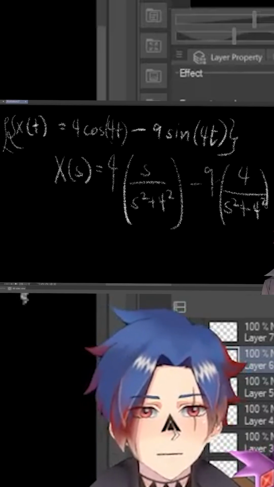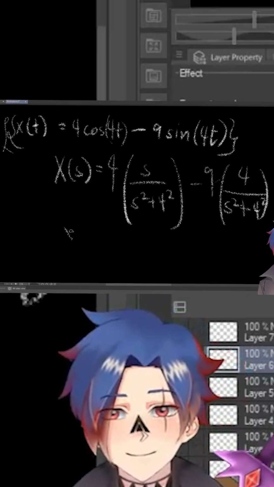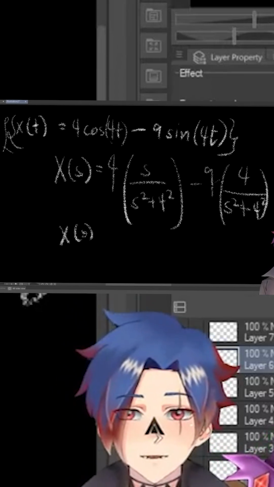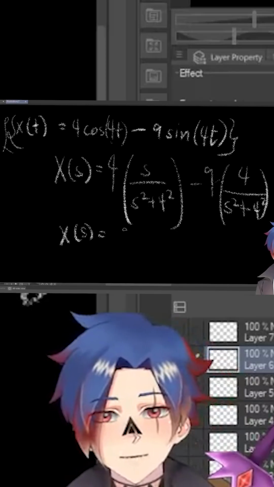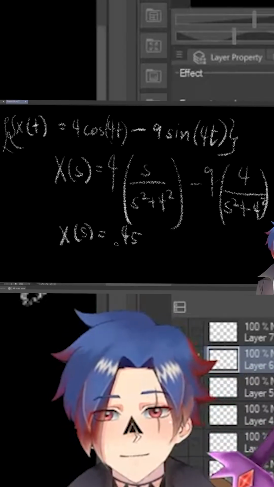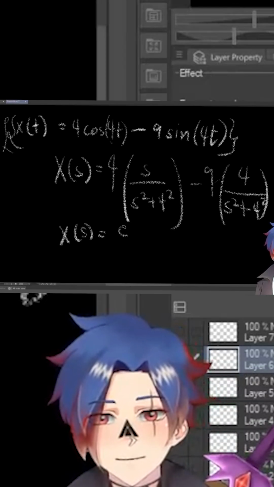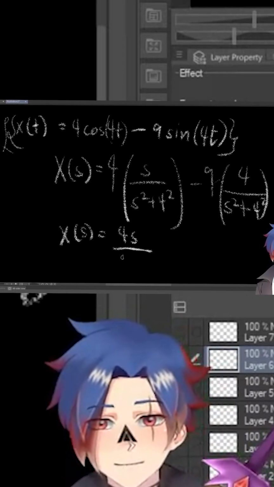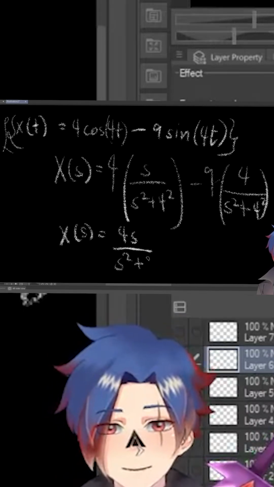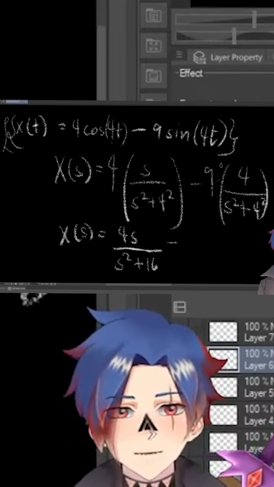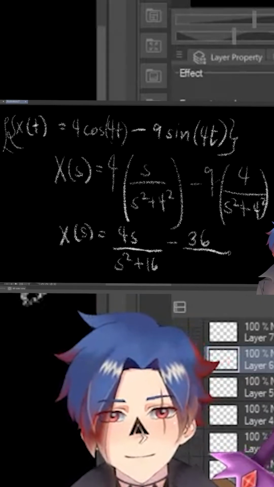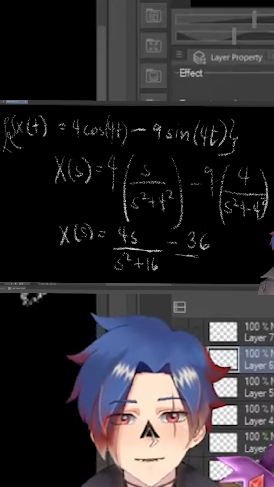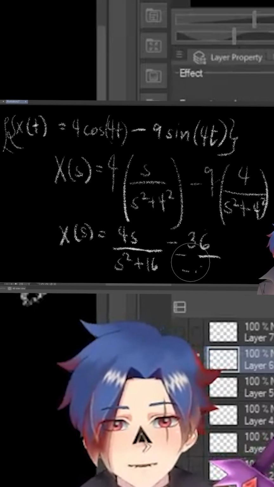So we're simplifying it: the first term is 4s over s squared plus 16, minus 9 times 4, which is 36, over the same denominator, s squared plus 16.